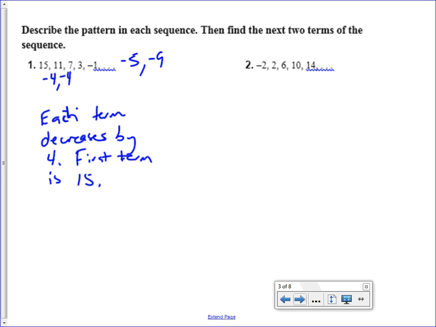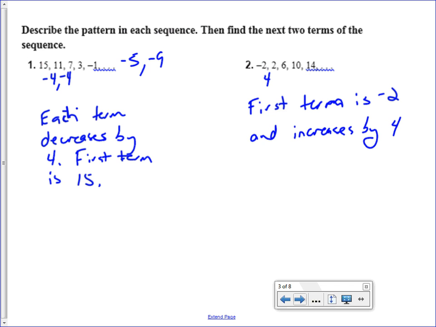The next one we got negative 2, 2, 6, 10, 14. Just so happens that this time we are increasing by 4. So to describe the pattern, I'll write it the other way this time: first term is negative 2 and increases by 4 after that.